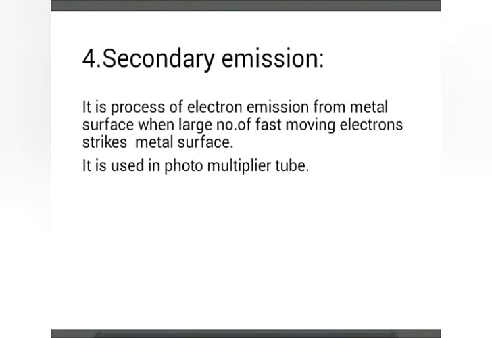It is the process of emission of electrons from a metal surface when a large number of fast moving electrons strike it. Such emission is used in photomultiplier tube. In the next class we will study the photoelectric effect.